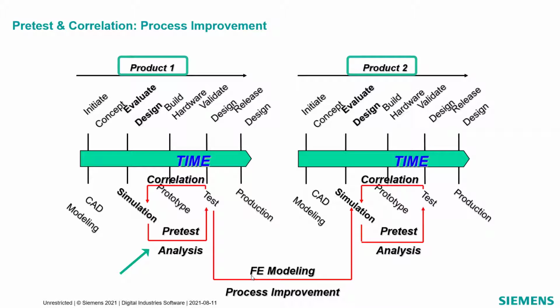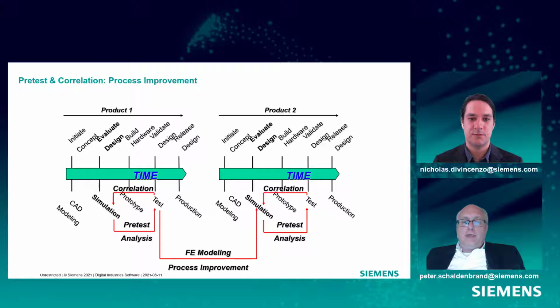So it's very important that management buys into this and wants you to be doing this calibration and checking of the assumptions. Any questions on that, Nick? No, it seems clear, and it's a nice little feedback loop there to show the loop between simulation and test, each helping the other perform better.